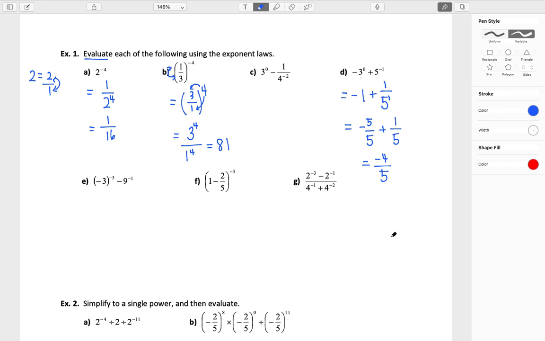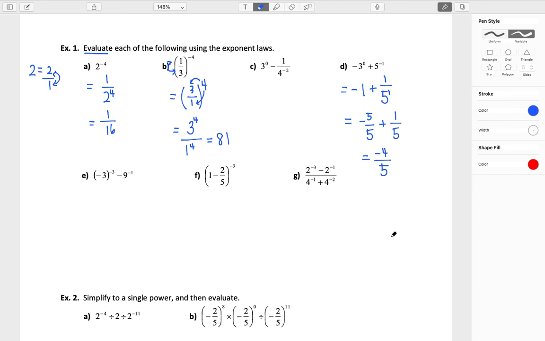Now let's try letter G. Okay. Now for letter G, we cannot apply the exponent law here because it's subtracting and adding. Exponent law only applies when you're multiplying or dividing. So what we can do is apply the exponent law where negative will turn it into a positive exponent.